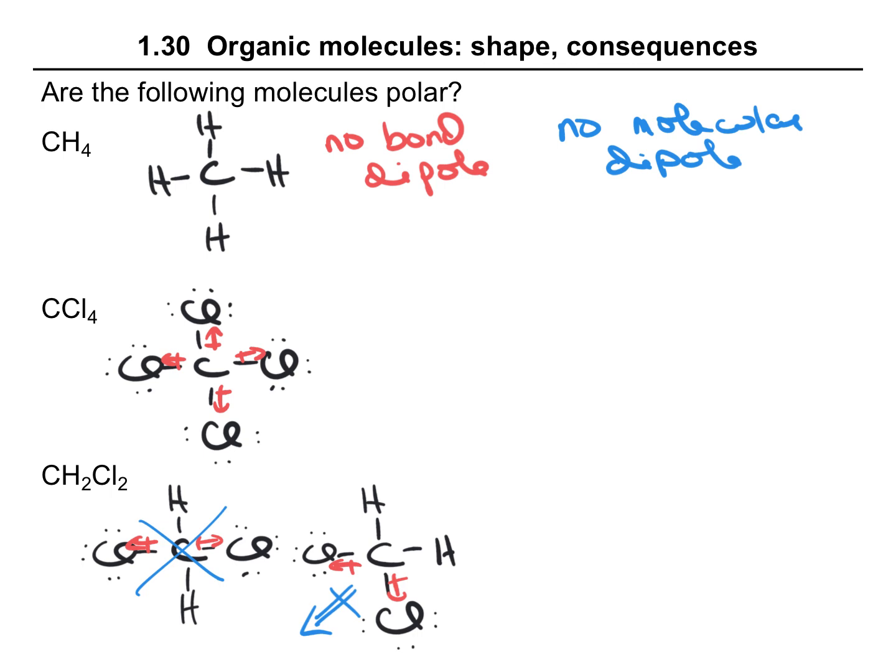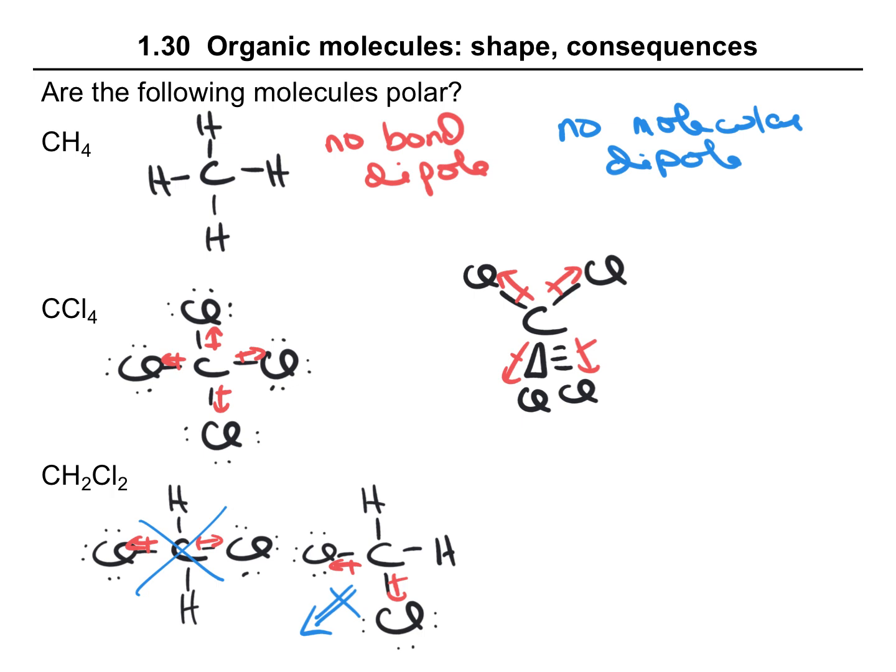So now I'm going to come back to carbon tetrachloride. We can redraw this taking into consideration the shape. So we have chlorine and chlorine and chlorine and chlorine. I'm not going to fill in the lone pairs because we don't need them in this case, and I already drew them before. So bond dipole, bond dipole, bond dipole, bond dipole.